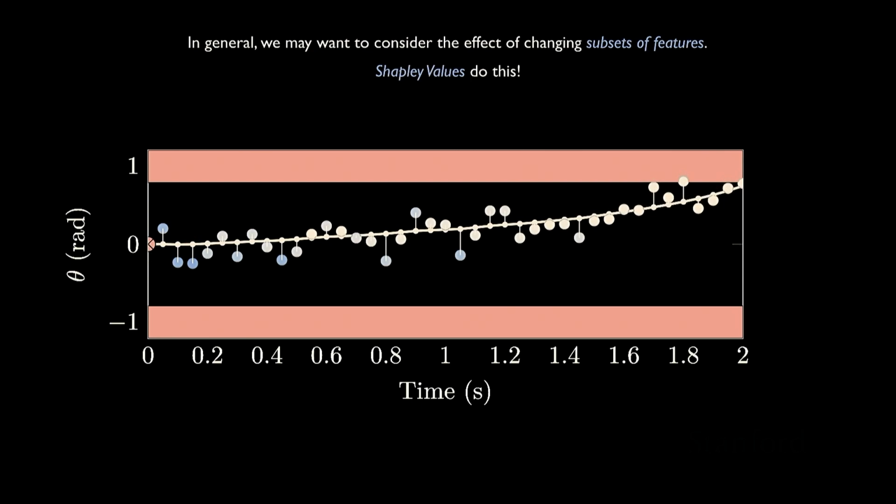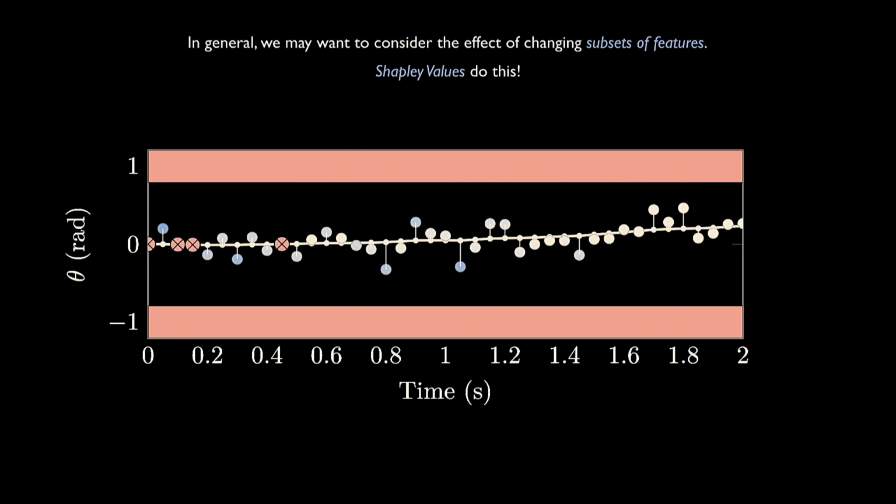But if we take away all 4 of these features at the same time, zeroing out all 4 disturbances, we get a pretty huge difference in the trajectory. So we're finding out which 4 features, if we controlled our disturbances at these 4 time steps, would make the trajectory not a failure anymore. That's what the Shapley values can give you.